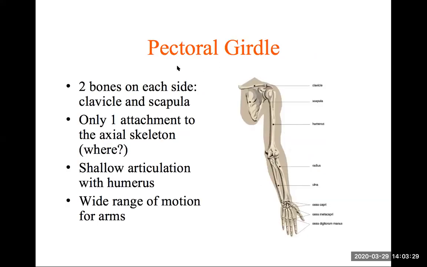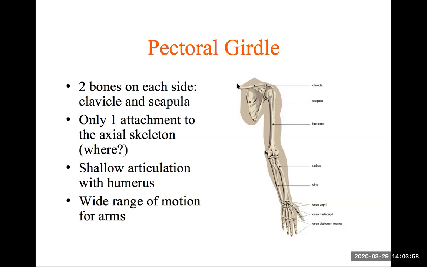Okay, starting off with the pectoral girdle. The pectoral region gets its name from the muscles that are found in the front of the chest. And the pectoral girdle consists of 2 bones on each side. You have a clavicle and scapula on both the right and the left-hand side. If you were to look carefully, you would find by studying a skeleton that the pectoral girdle is barely attached to the axial skeleton.